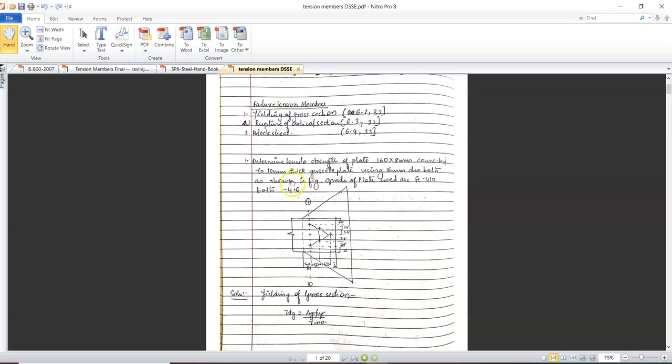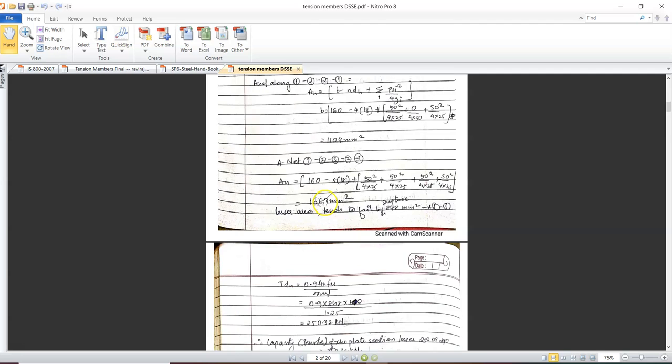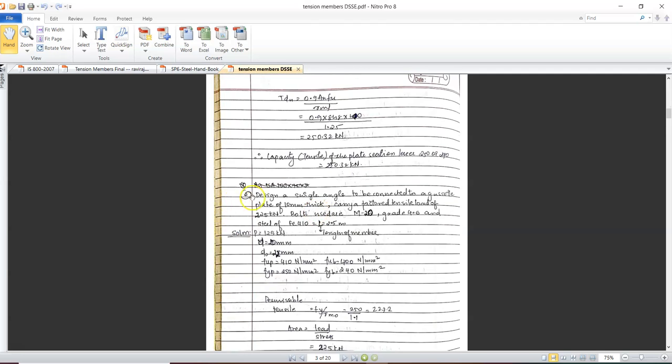That is why in this problem, the block shear capacity of the plate is not checked. It is checked for only yielding of the gross section and rupture of the critical section. In the next problem, we will take up a case where it is checked for block shear as well.